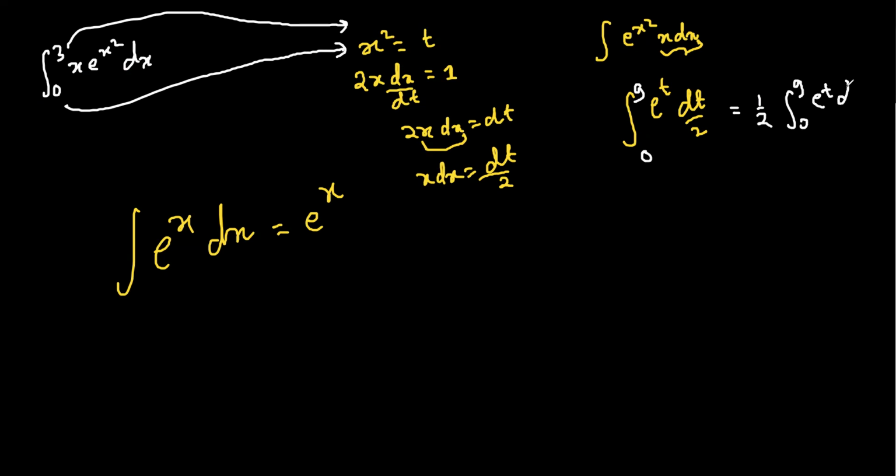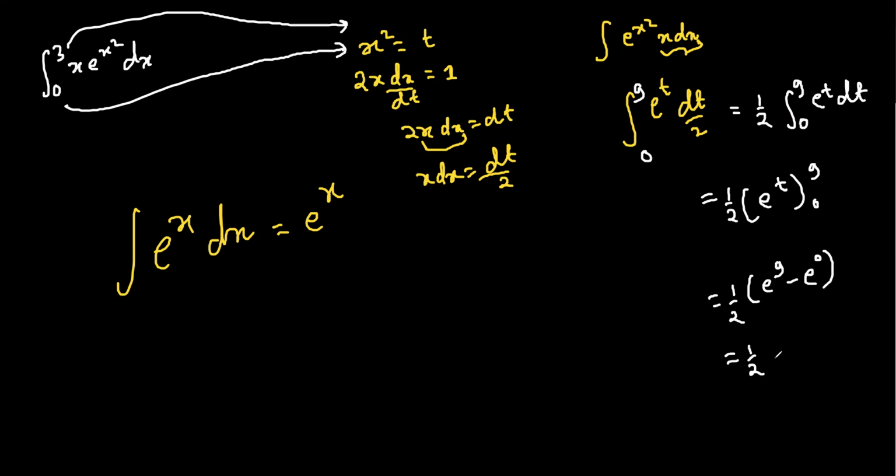Now you can say this is in standard form, right? The integral of e raised to t is e raised to t. Now put the values of t. The upper value of t is 9 and the lower value of t is 0. e raised to 0 is 1. This is your answer.